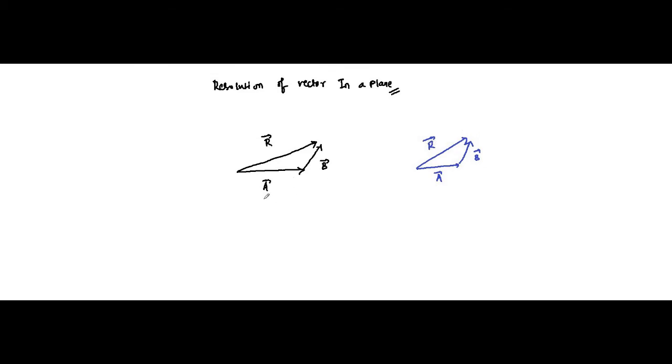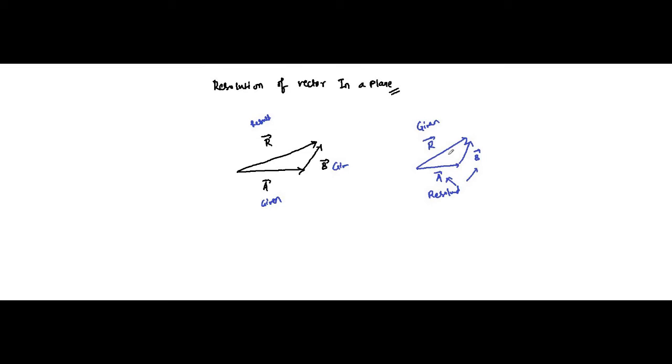Here these two vectors were given, A vector and B vector. This was the result. Here this is given, R vector, and we resolved R vector into two parts, so that we got this as result.